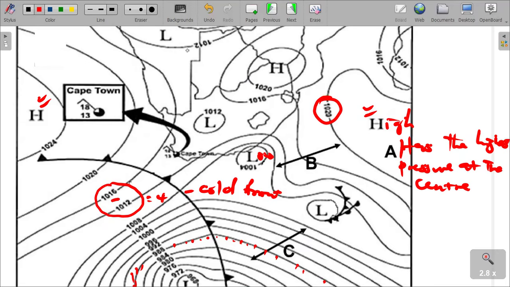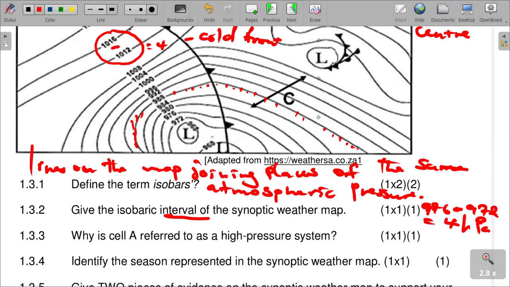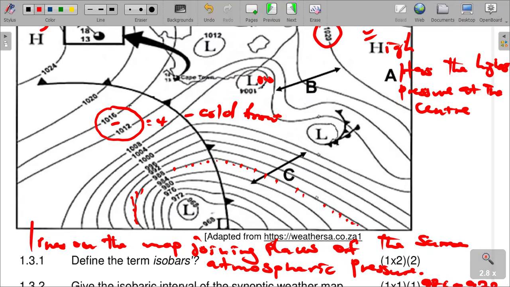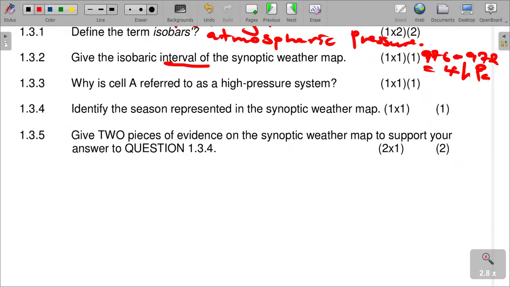So the highest pressure is found at the center, given by the value of 1020. That is why we say it is high pressure.